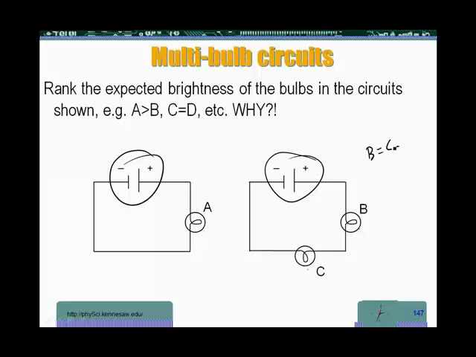Now, how are they going to compare to A? Okay. Now, one thing that you need to remember, the voltage across B plus the voltage across C is going to be equal to the voltage across the battery. Voltage across the battery is voltage across B plus voltage across C. And remember, since they are identical, it is just twice VB or twice VC.